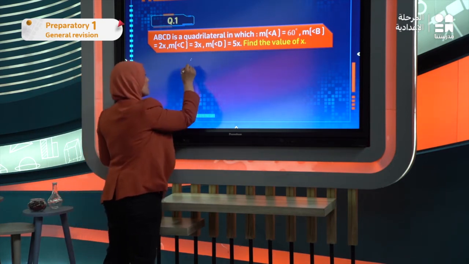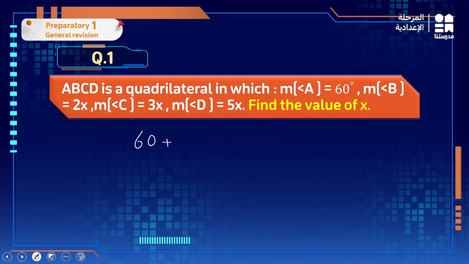Angle A is 60. Then angle B is 2x plus C is 3x and D is 5x. The sum should be 360. Now let's subtract this 60 from both sides, so it will be 300.